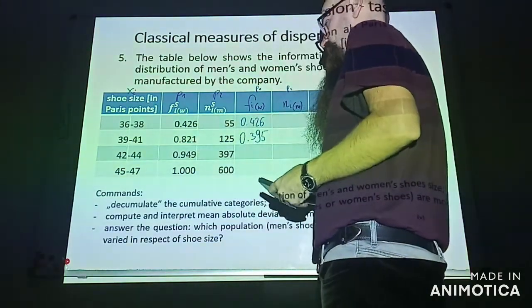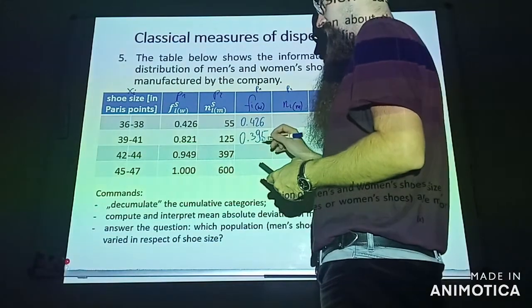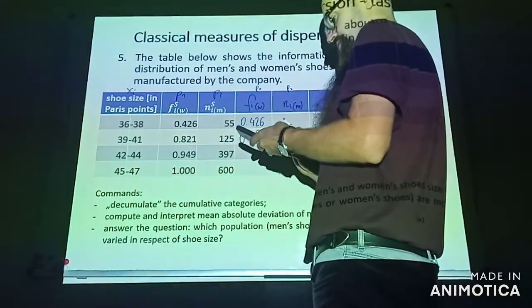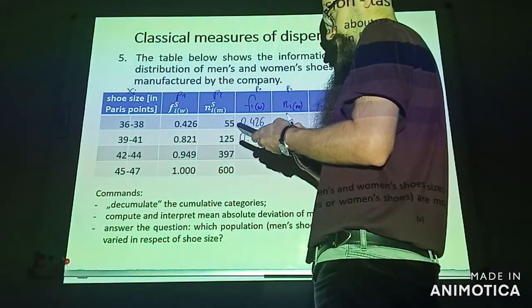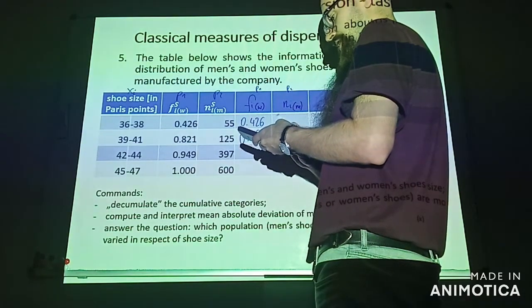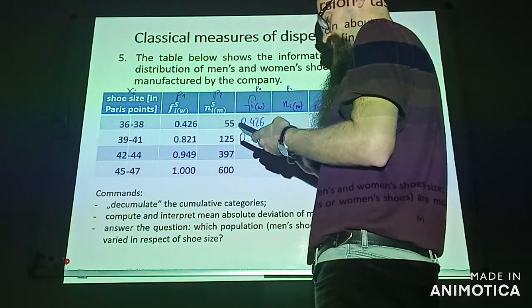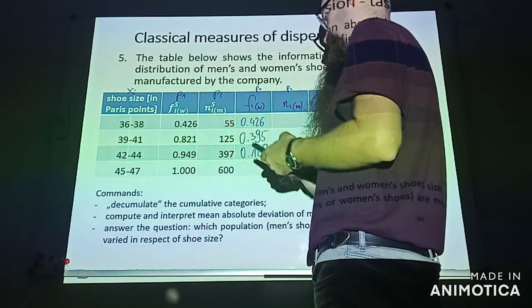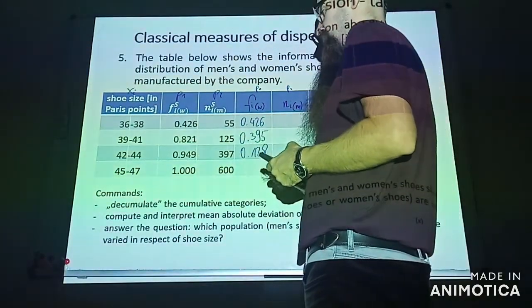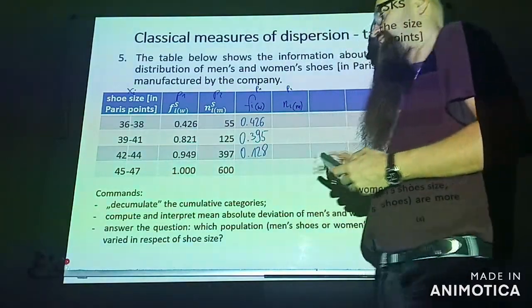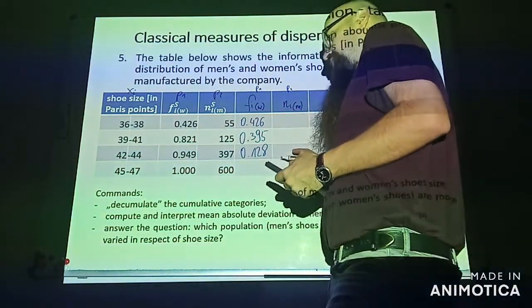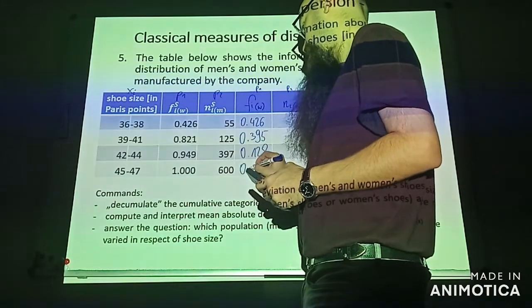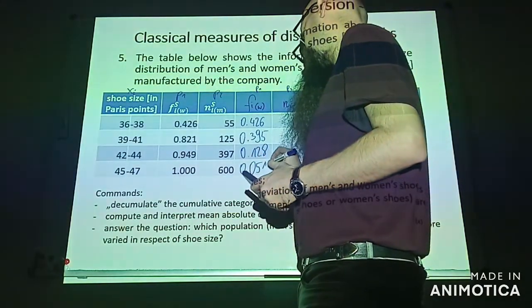And the next relative frequency will be 0.949 minus 0.821, 0.128. Yeah? And the last one is the difference between the last and the previous cumulative relative frequency. It's 0.051.